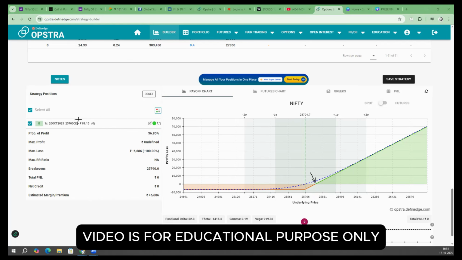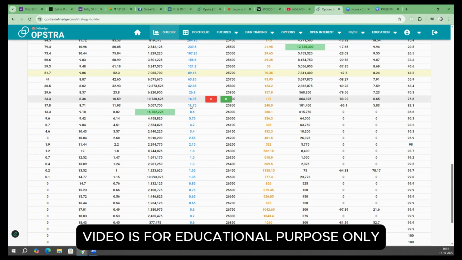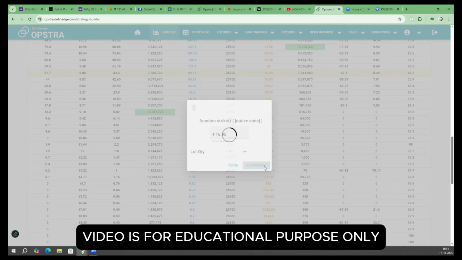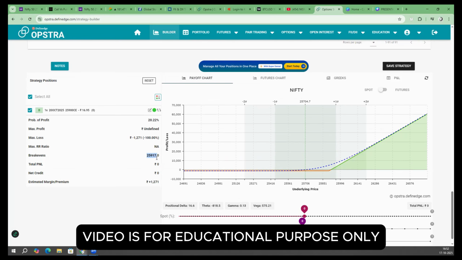That's what I'm talking about. If you think you will buy out of the money, for example 25,900, do you think the market will go to about 25,916 or 917 so that your premium becomes safeguarded? Understand, 25,917.